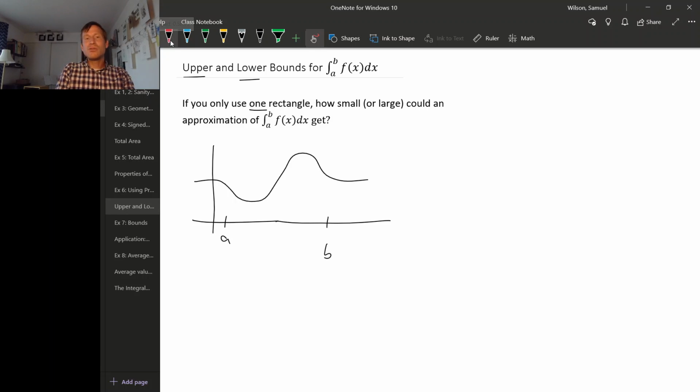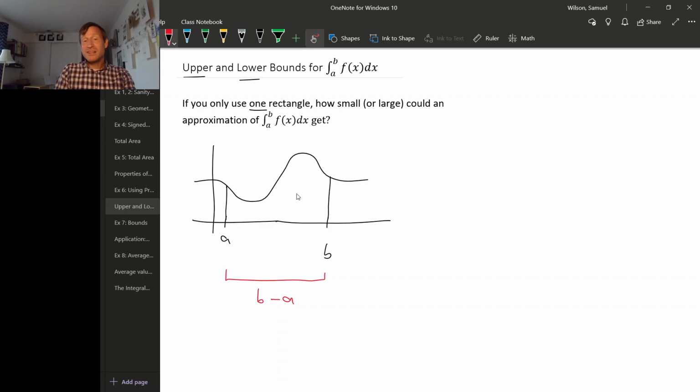If we use a single rectangle to approximate this area from a to b, there's really no question about how wide the rectangle should be. The rectangle should go from a over to b, and so the width of the rectangle is going to be b minus a. All we need to do is choose a sensible height for the rectangle.